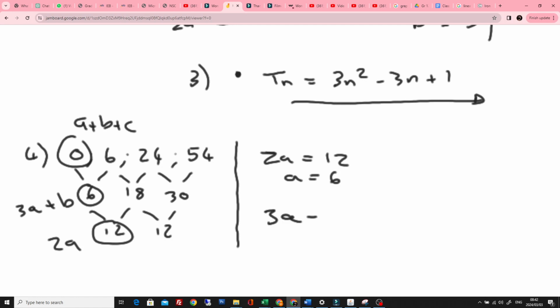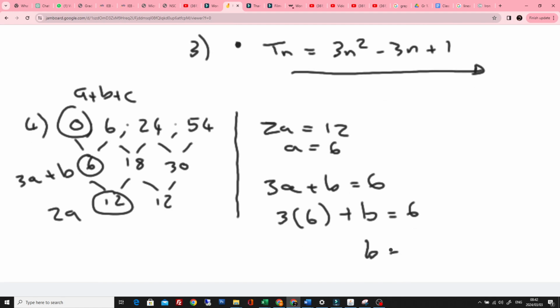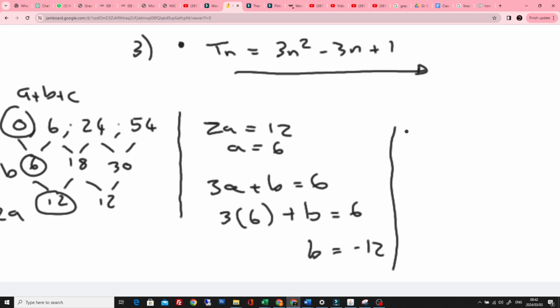Use that to say 3a plus b is equal to 6. So 3 times 6 plus b is equal to 6. So b must be negative 12. And then we can have something for c by saying, okay, it's 6 minus 12 plus c is equal to 0. C must be equal to 6.